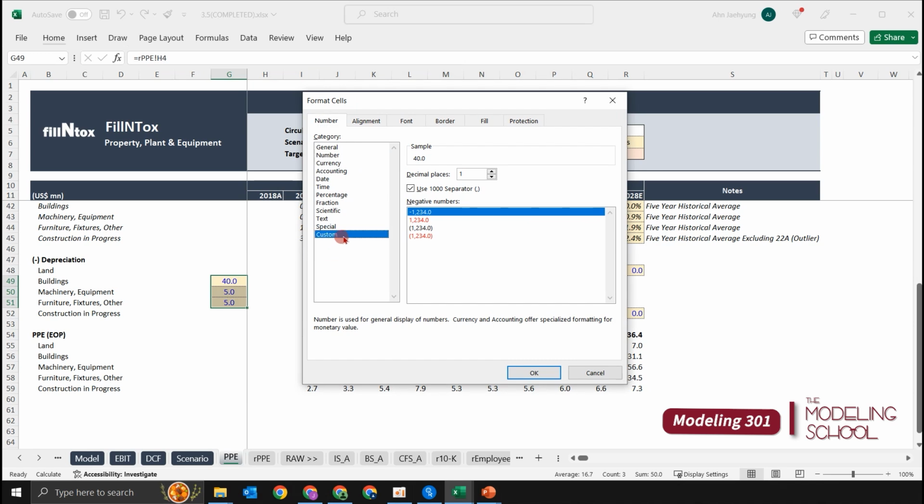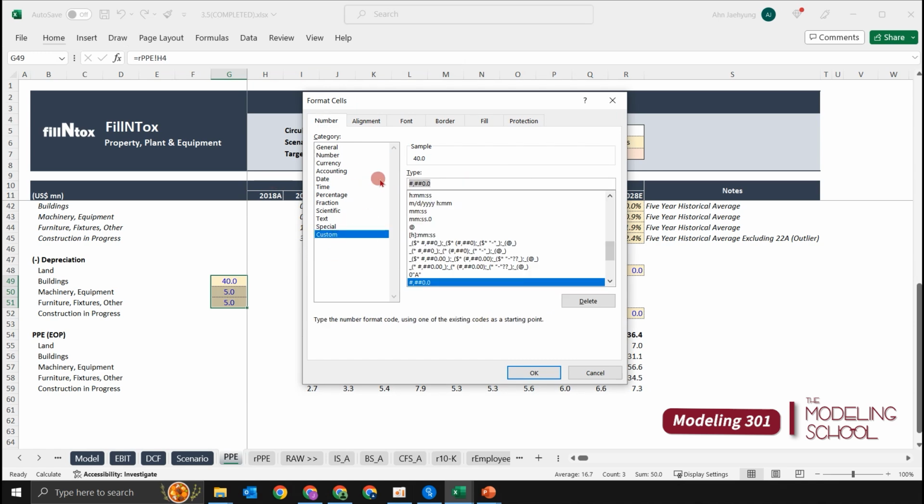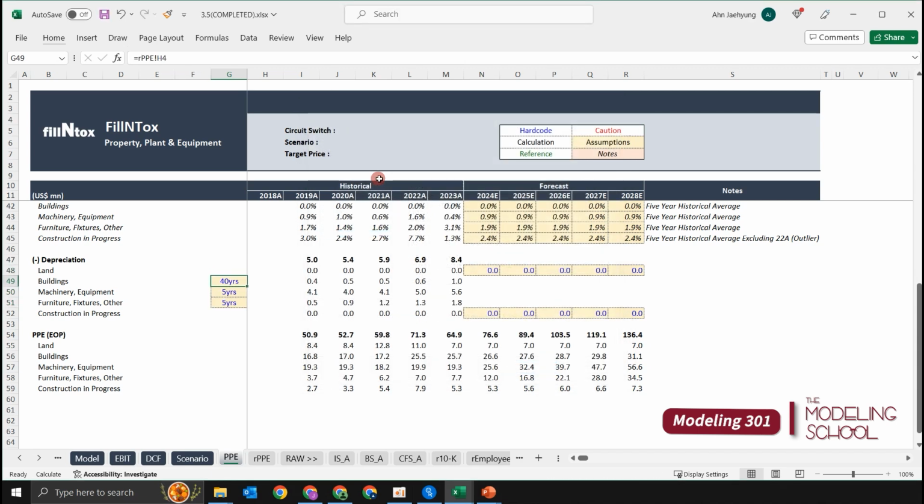We're going to select custom and add a years symbol at the end. So it's going to be depreciated for 40 years, for 5 years, and 5 years. So that's the useful life.